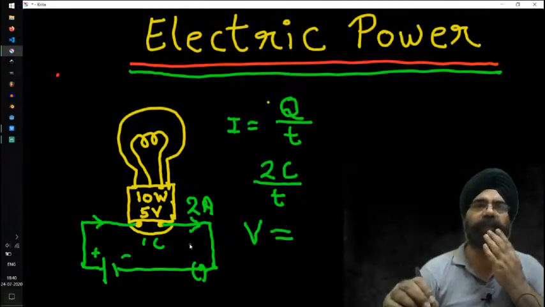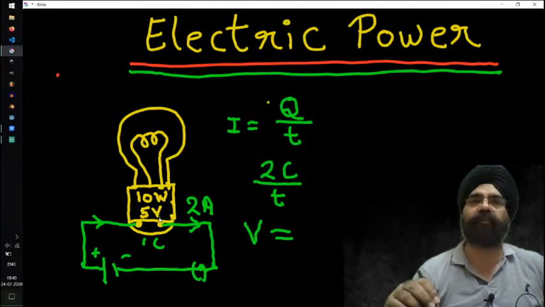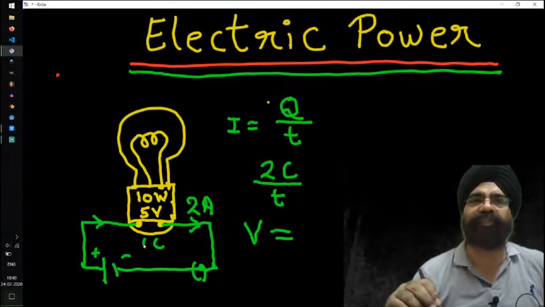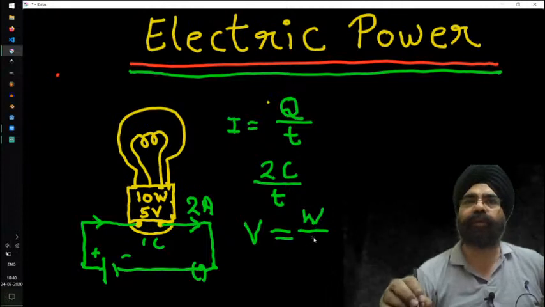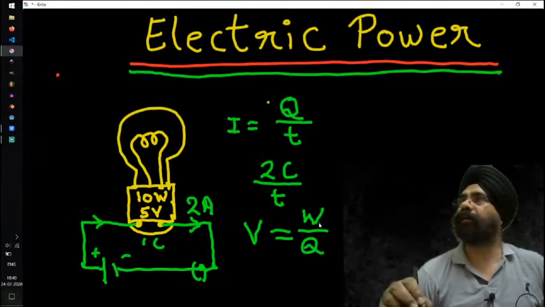Sorry, this is 5 volts now, so I need to do 5 joules of work. Got it? I had told you that potential difference is the work done in transferring unit charge from one point to the other.